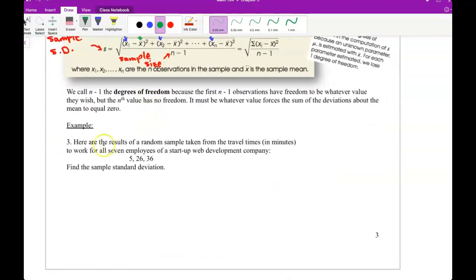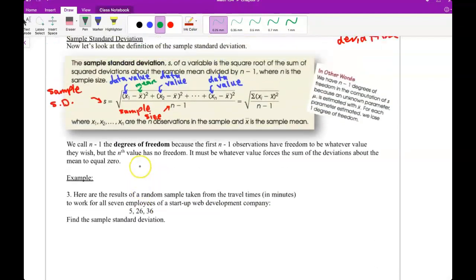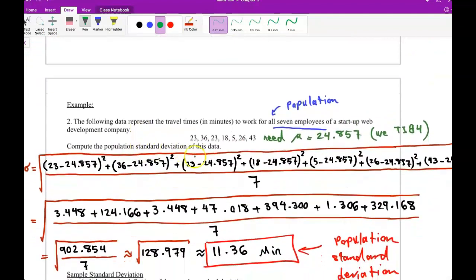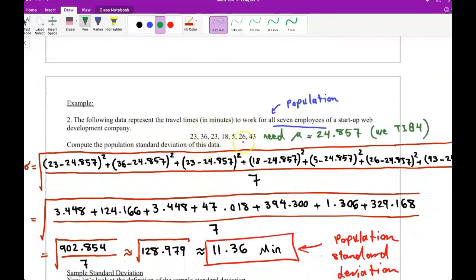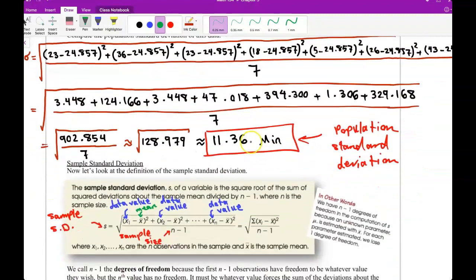Okay, now example number 3. Here are the results of a random sample taken from the travel times. So these data are from this part. The population was 23, 36, 23, 18, 5, 26, and 43.